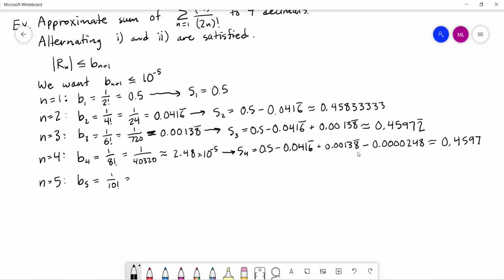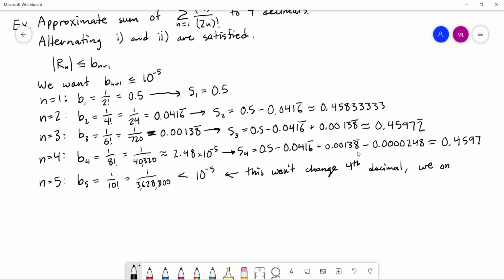This is 1 over 3,628,800, which is definitely less than 10 to the negative fifth. And so this term will not add. This won't change the fourth decimal place.